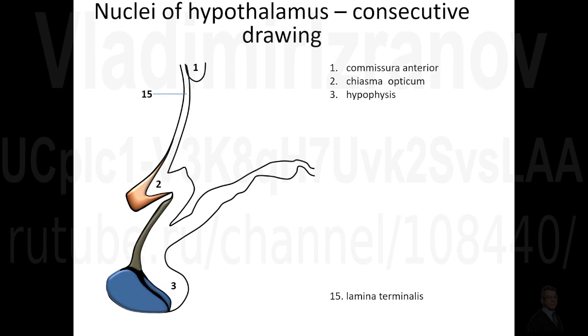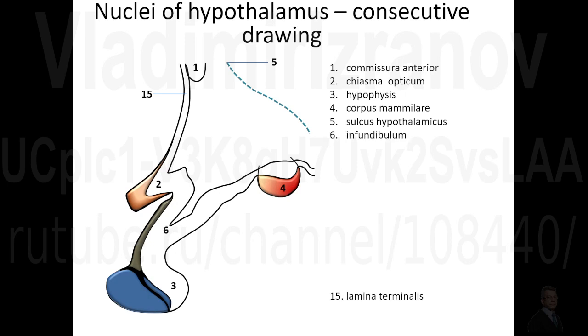Number 3, hypophysis or pituitary gland. Number 4, corpus mammillare. And number 5 is sulcus hypothalamicus, which is a border between thalamus and hypothalamus. Number 6 is infundibulum. And number 7 is recessus infundibuli of third ventricle.